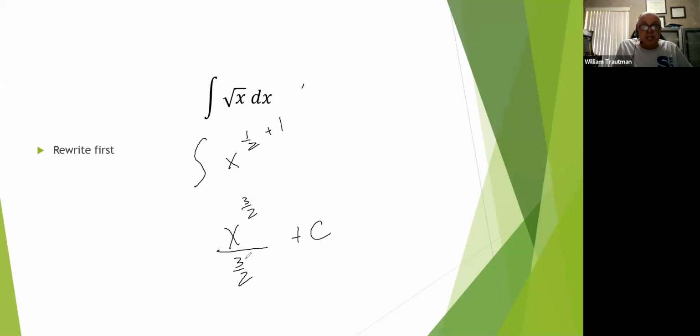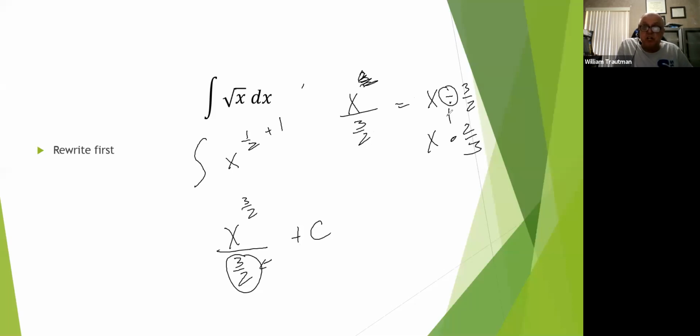Now, you cannot have a fraction within a fraction. So you have to understand x to the 3 over 2 is the same thing as saying x divided by 3 over 2, which is the same thing as saying x times 2 over 3.